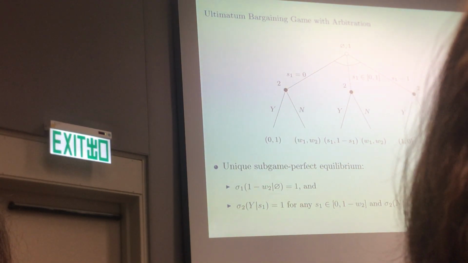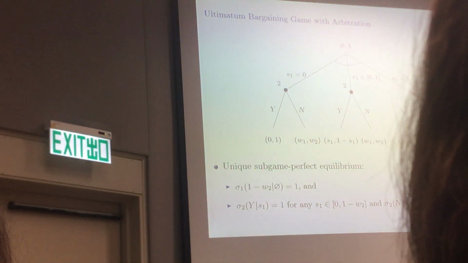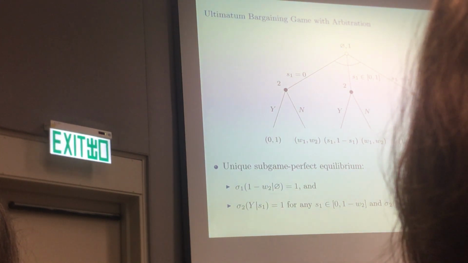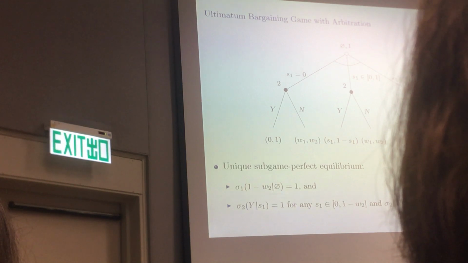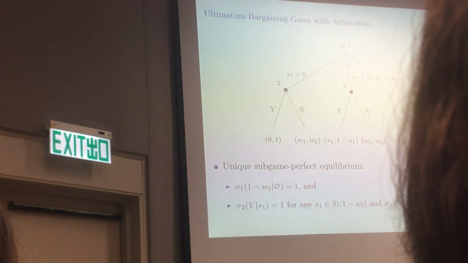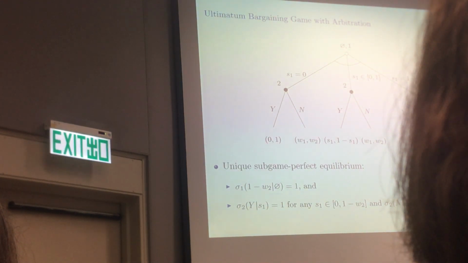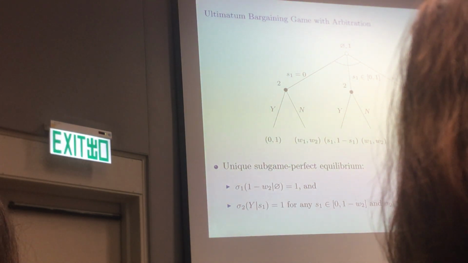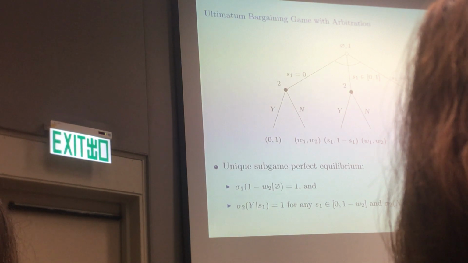This is just some mathematical notation I'm going to use. In English, it means there is a unique subgame perfect equilibrium, and in it player 1 chooses S1 equal to 1 minus W2 with probability 1. So there is no randomization of player 1.